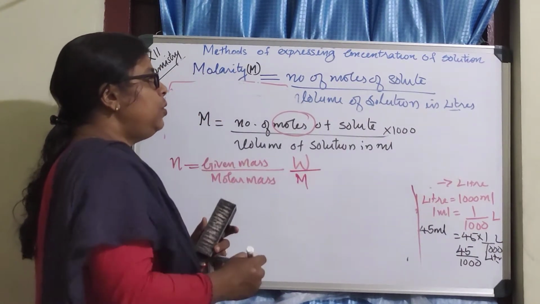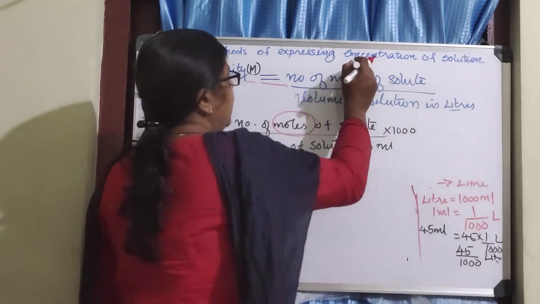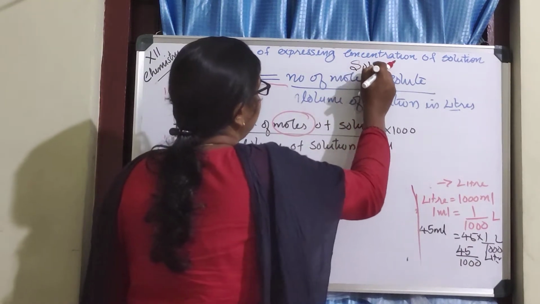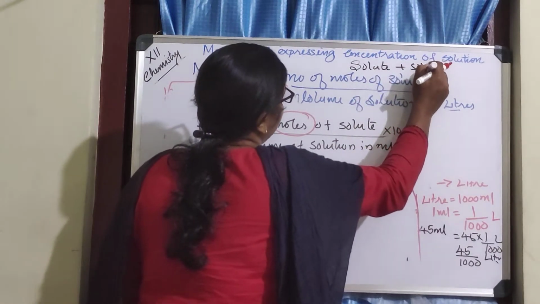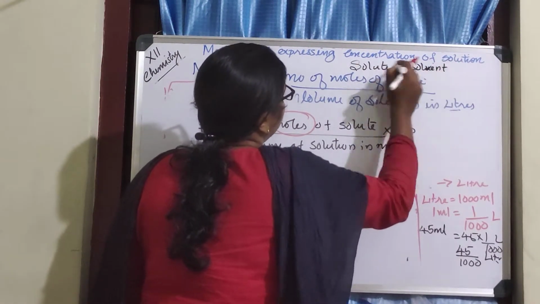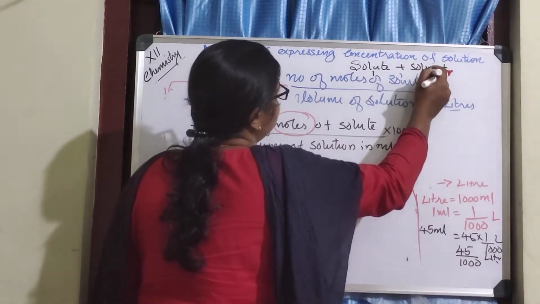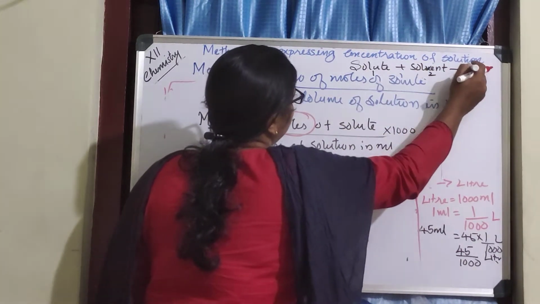So in a solution, two components are there. They are solute and a solvent. Solute is taken as the component 1 and solvent is taken as the component 2.